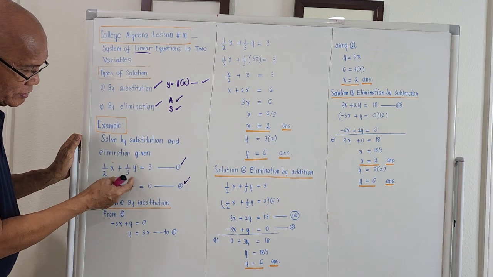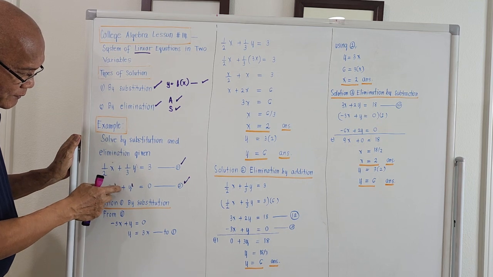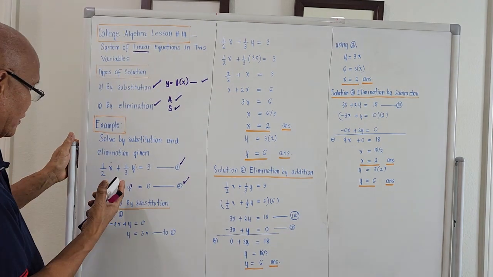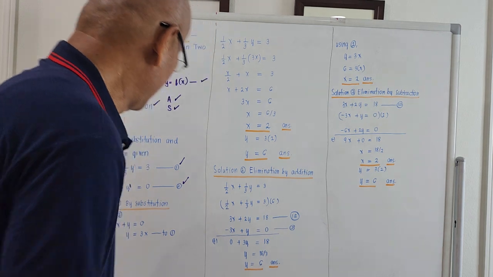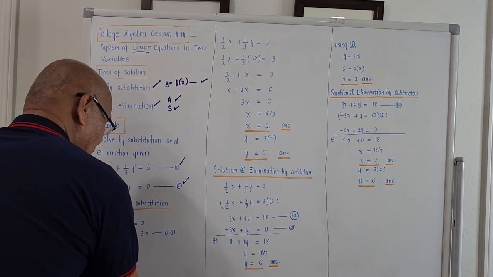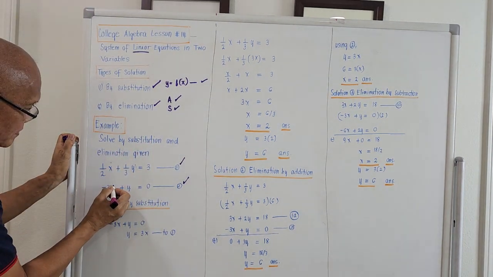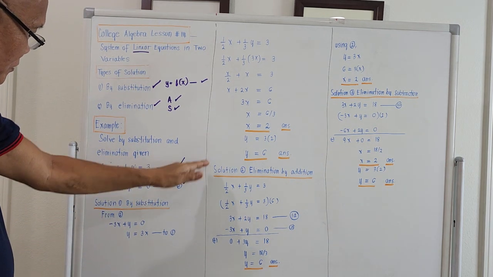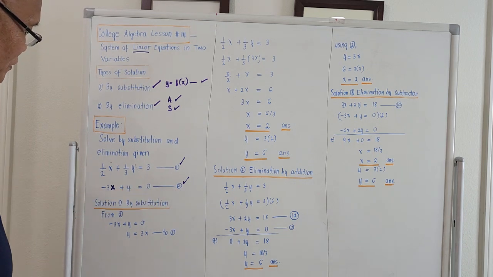It is understood that this is y to the first power, and this is x to the first power. First linear equation, second linear equation, involving two variables.